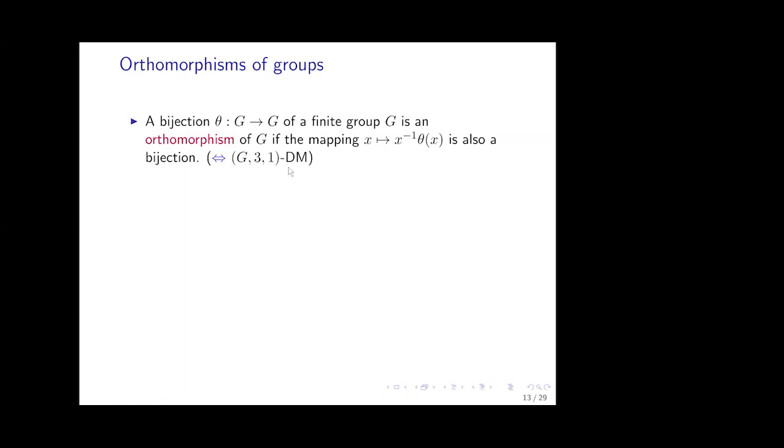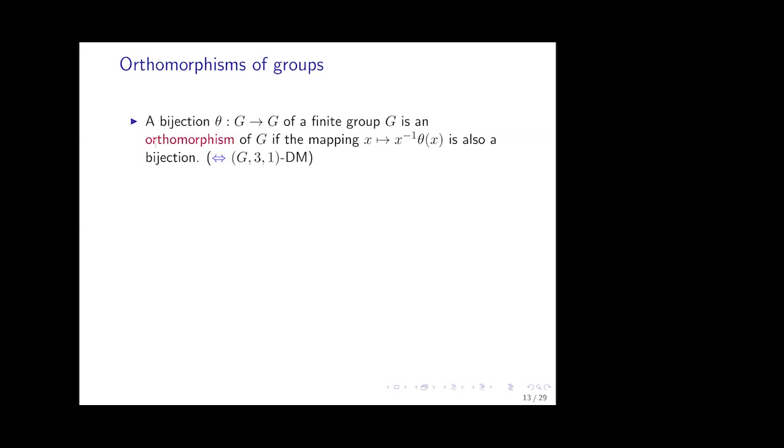Now we construct a G,3,1 difference matrix as follows. First, the matrix's first row consists of identities, the second row is x, and the third row is theta x.